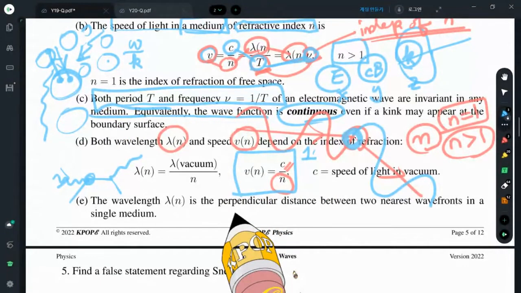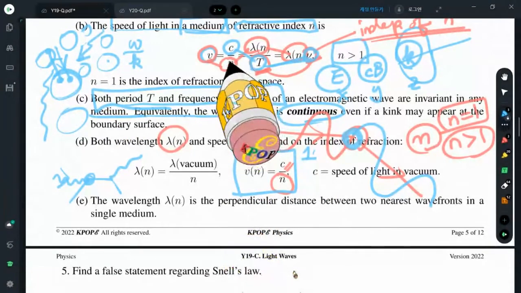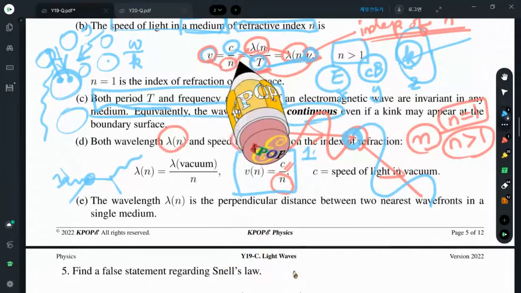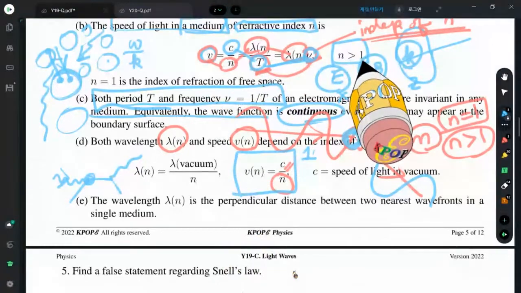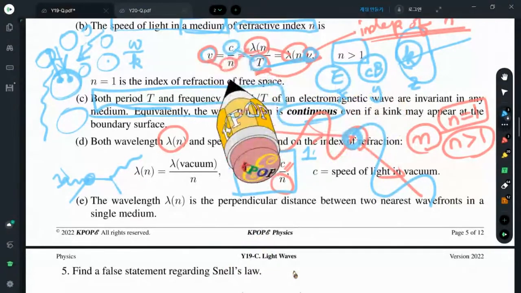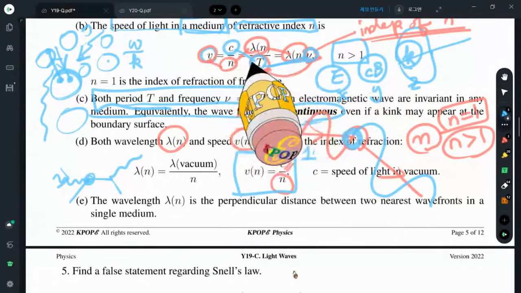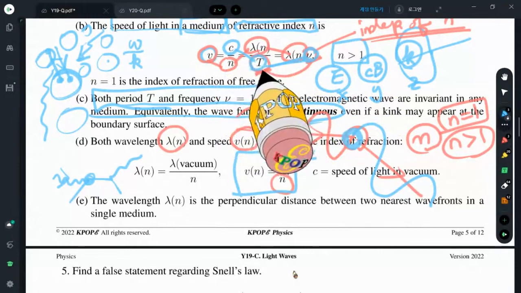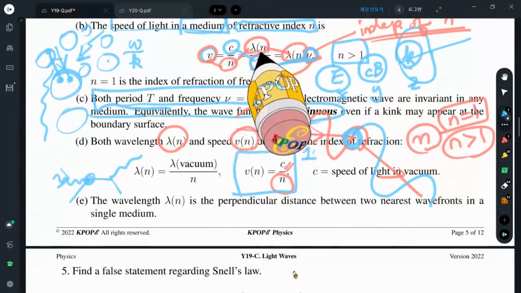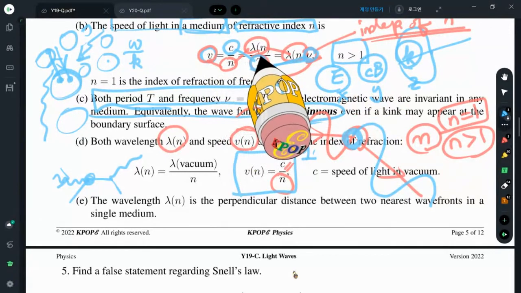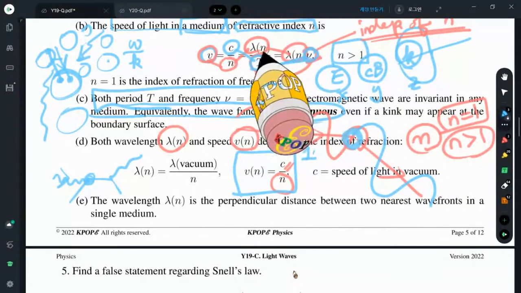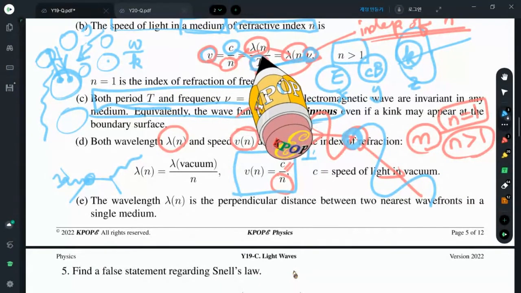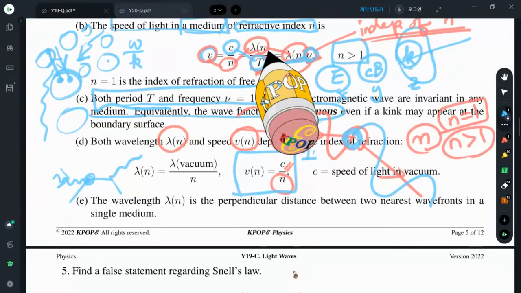In addition, the formula states that if n is increased greater than 1, the speed becomes smaller and the period is fixed, so the wavelength of a light wave in a medium is shorter than the wavelength in a vacuum.